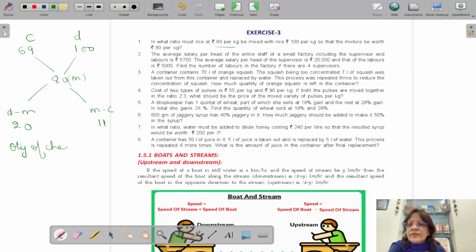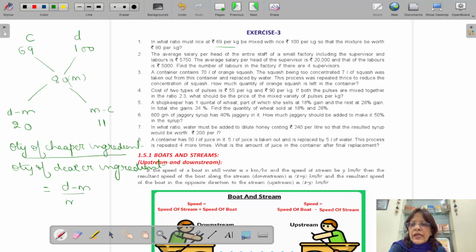Quantity of cheaper ingredient upon quantity of dearer ingredient is D minus M upon M minus C. So directly the answer is 20 upon 11. The first answer is 20 is to 11. I hope it is clear. It was direct application of the formula. Okay.